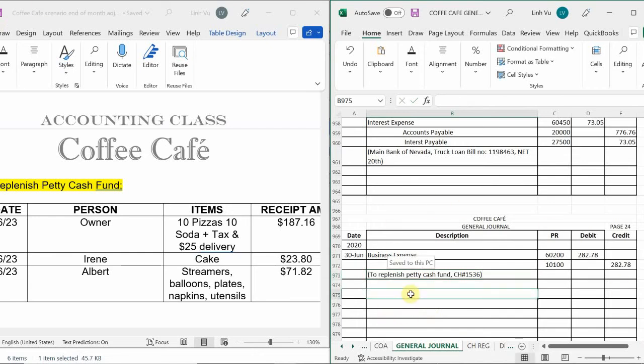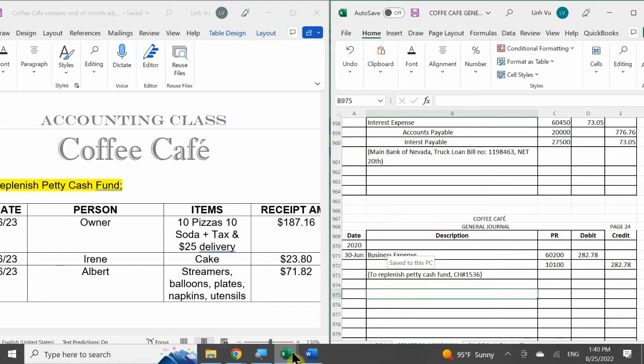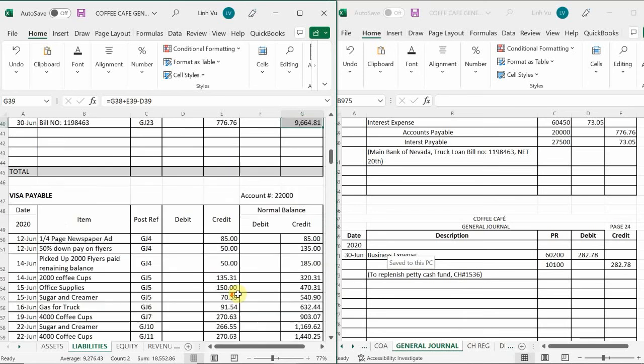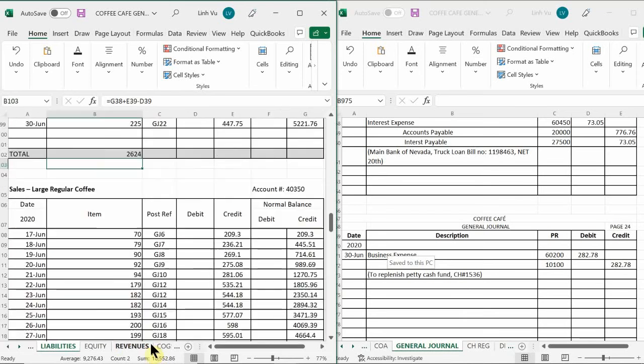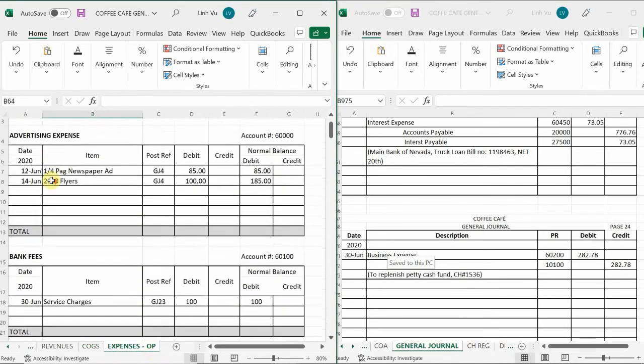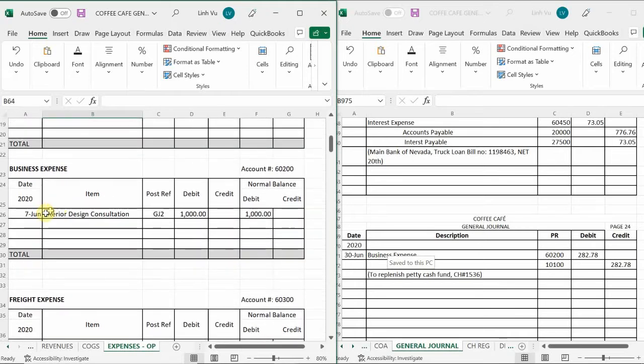So let's see what's next. We need to go to the general ledgers and update those two accounts, starting with your expenses here. Here you go, business expenses. Today's the 30th. This is where you can go ahead and indicate what you bought.